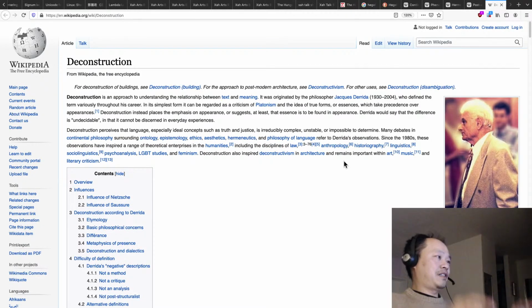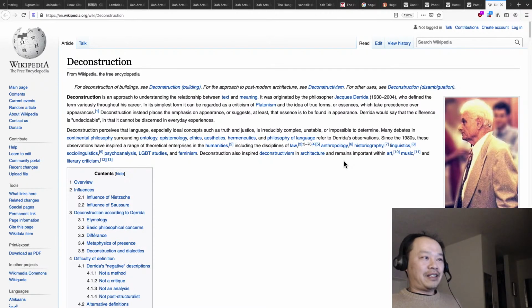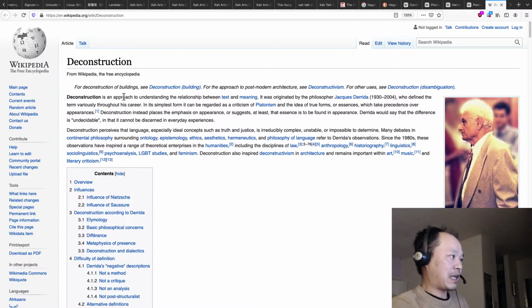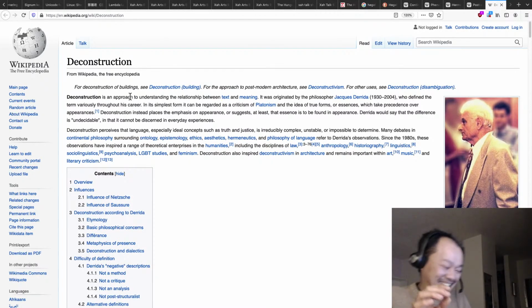So this philosophy, deconstruction, says that when you read the text, you want to... So let's read Wikipedia. Deconstruction is an approach to understanding the relationship between text and meaning.